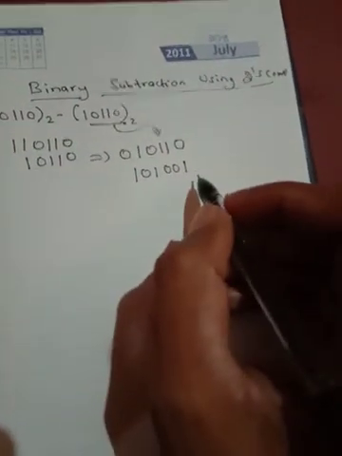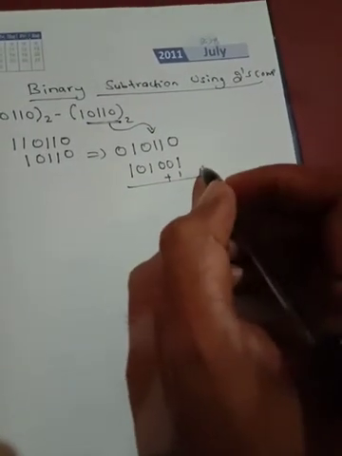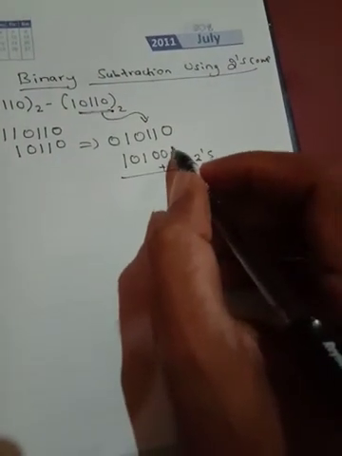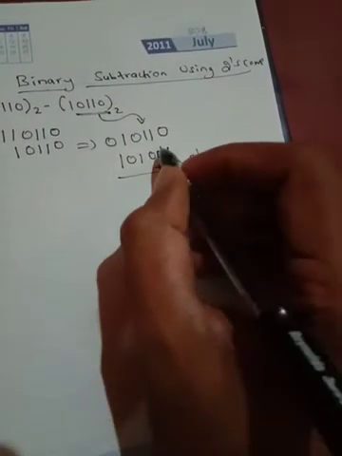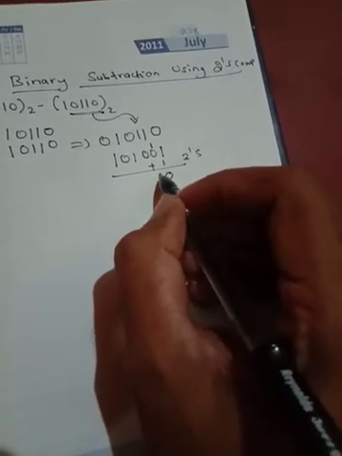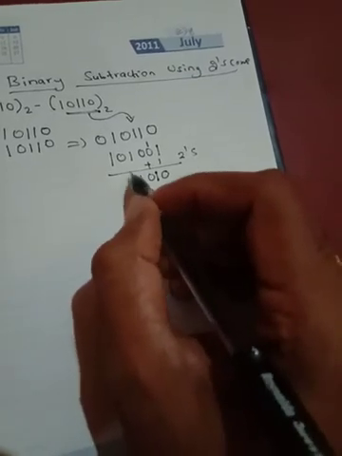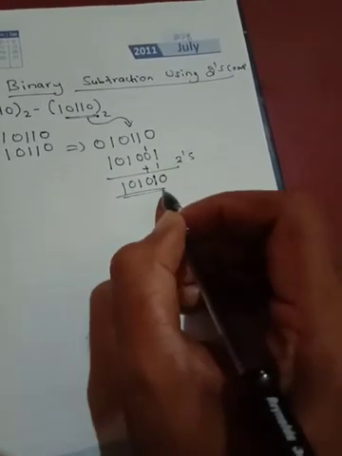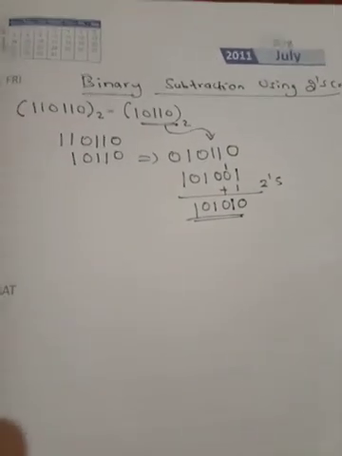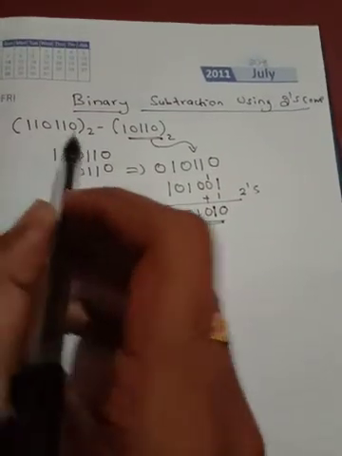Then to get the two's complement you add 1 to this answer. 1 plus 1 is 0 with a carry of 1, and you bring down the remaining bits. So you get 1 0 1 0 1 0 as the two's complement of the subtrahend.